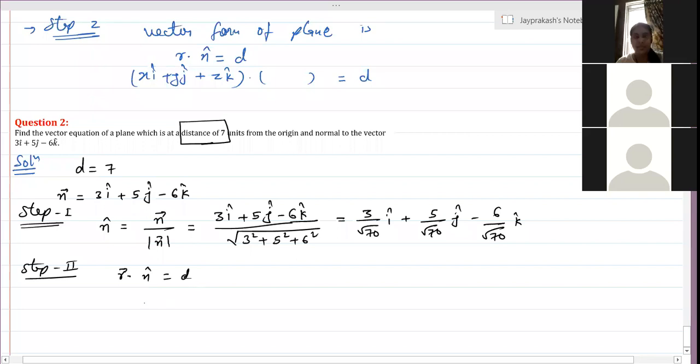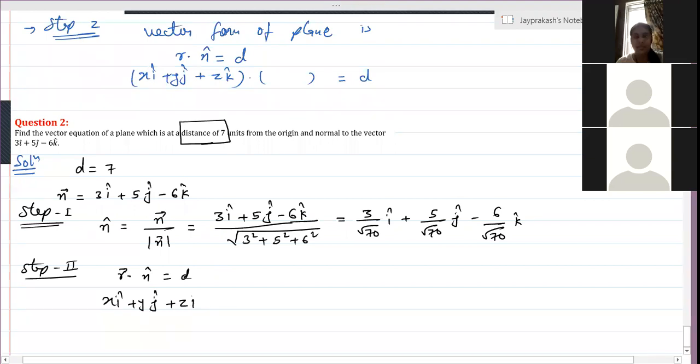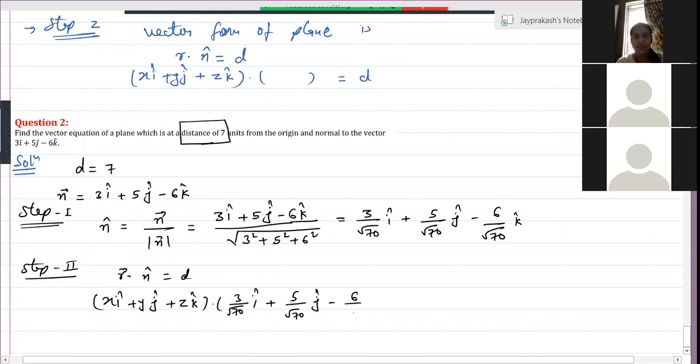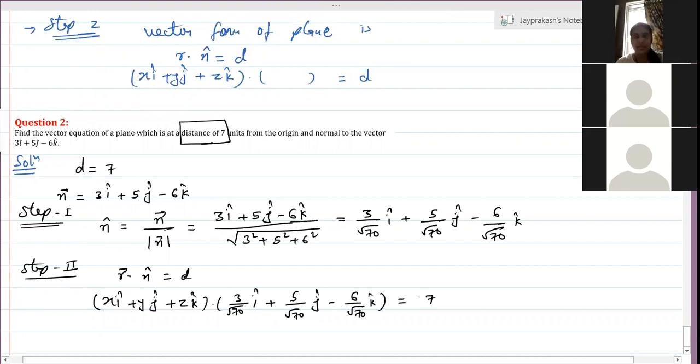So at the place of r, we will write xi plus yj plus zk, with the dot product of 3 by root 70 i plus 5 by root 70 j minus 6 by root 70 k equals the distance, which is 7.